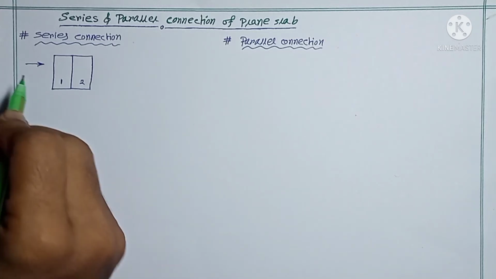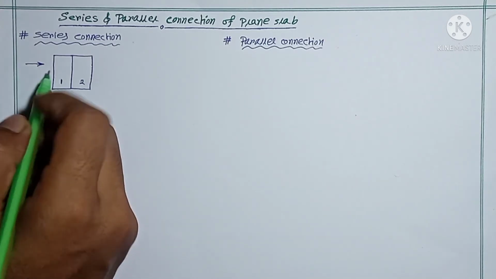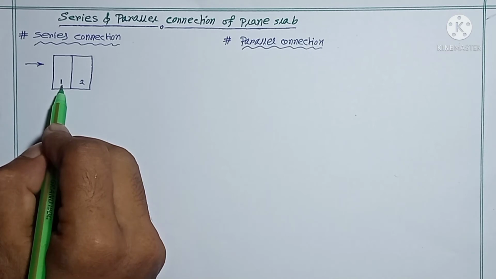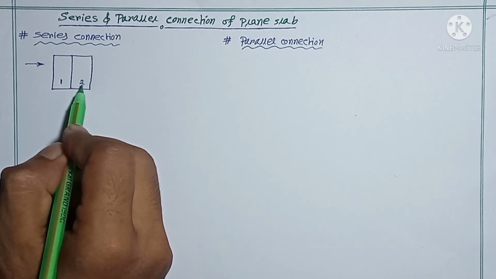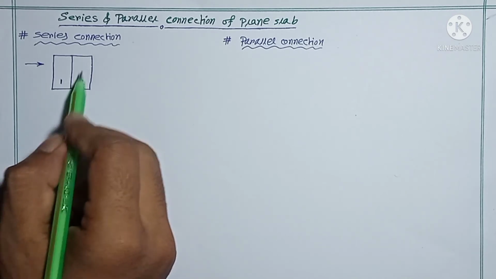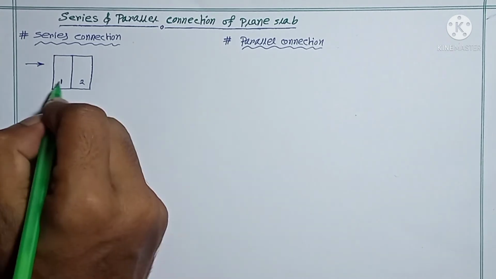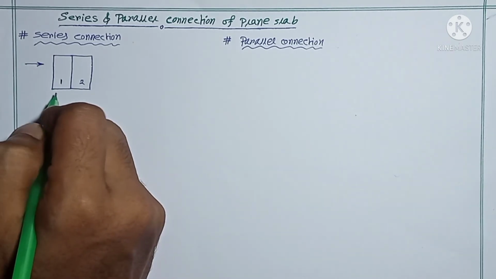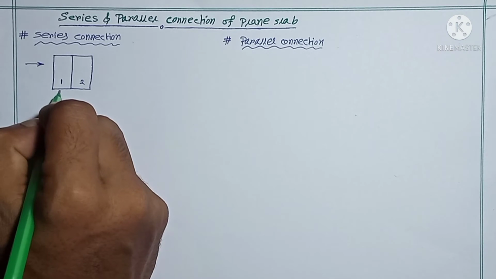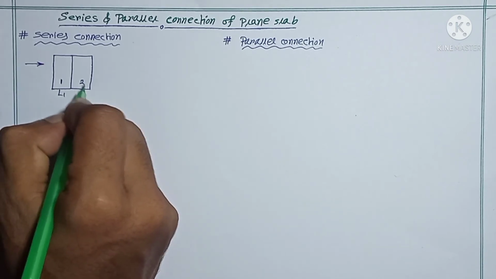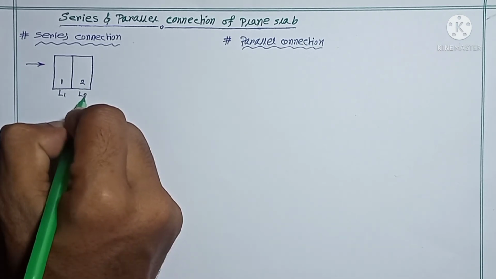In this case, if I take this as the direction of heat flow, and this is slab number 1 and this is slab number 2, then this is a series connection. For slab number 1, I am considering the length L1, and for slab number 2 the length is L2.